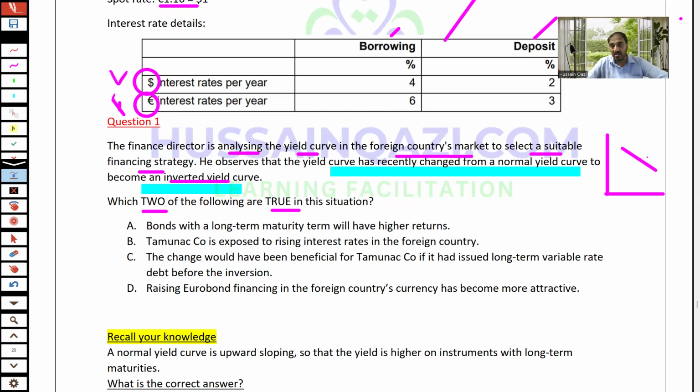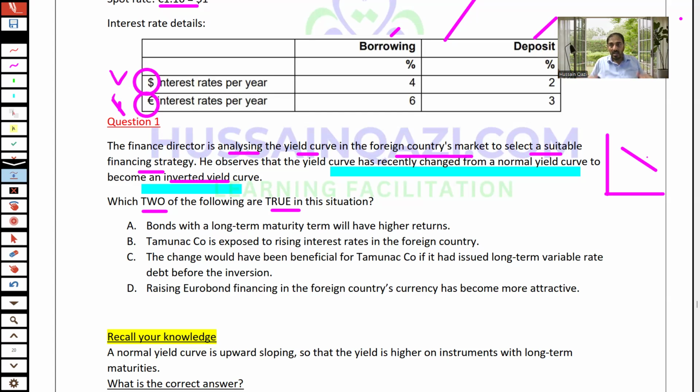D. Raising Eurobond financing in the foreign country's currency has become more attractive.